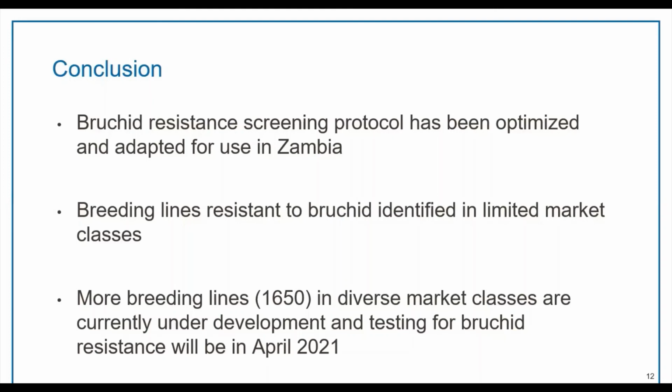And like I've already mentioned, we've even been able to identify some of the resistant lines from those populations that are already ready. We are now in the process of finishing the development of these breeding lines and then piping them into our screening process to identify more Bruchid resistant lines in more diverse backgrounds.